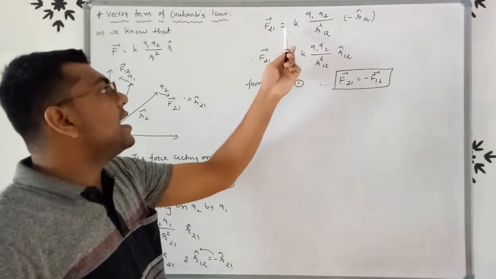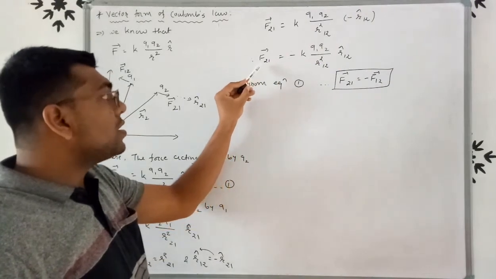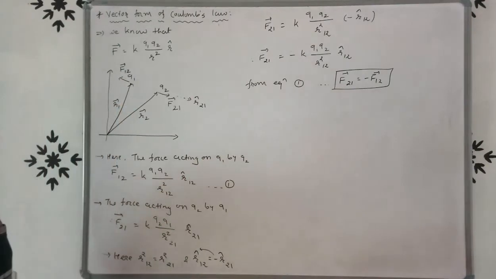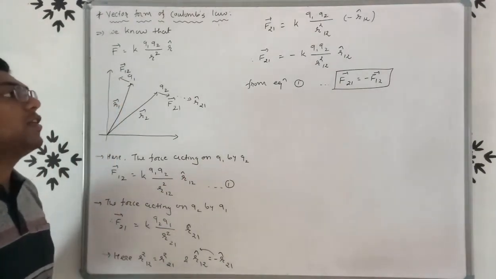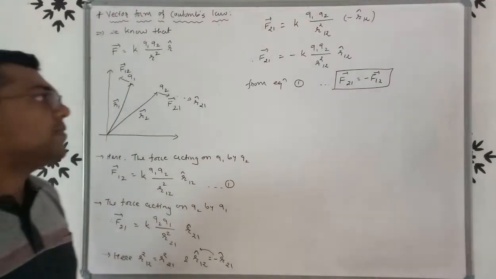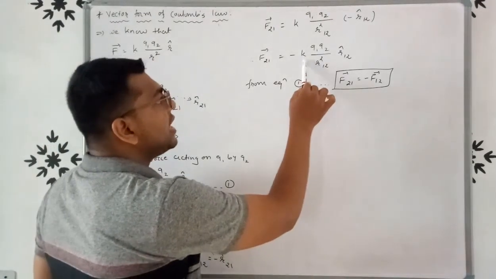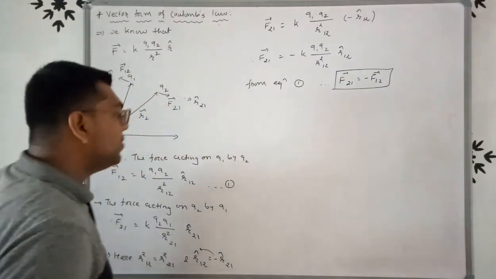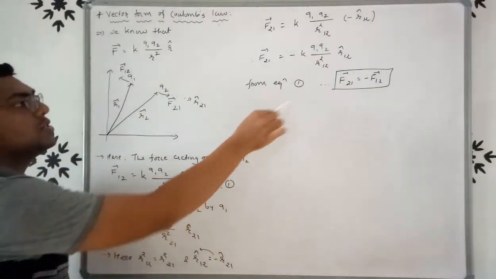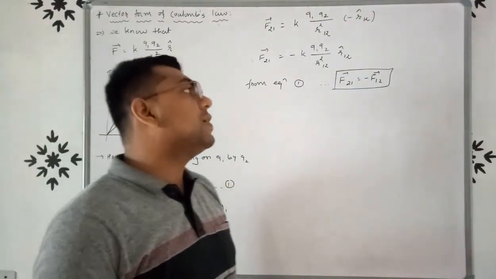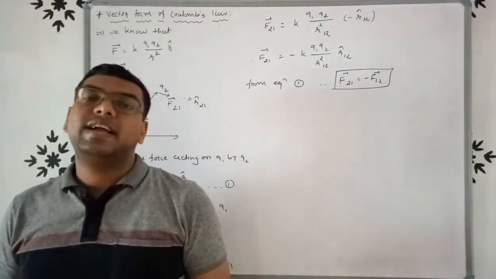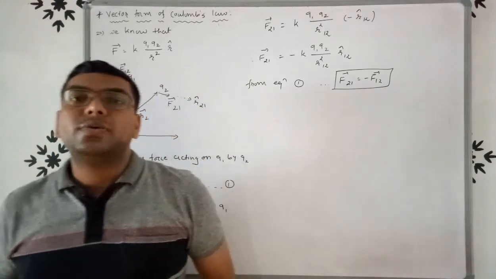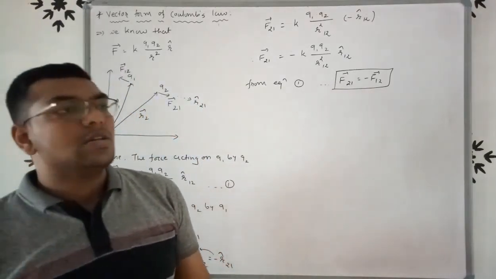So if we take the minus, F21 is equal to minus K Q1 Q2 upon R square 12 into R cap 12. But the value of K Q1 Q2 upon R square 12 into R cap 12 is F12. So here vector F21 is equal to minus vector F12. So this is Newton's third law. Right.